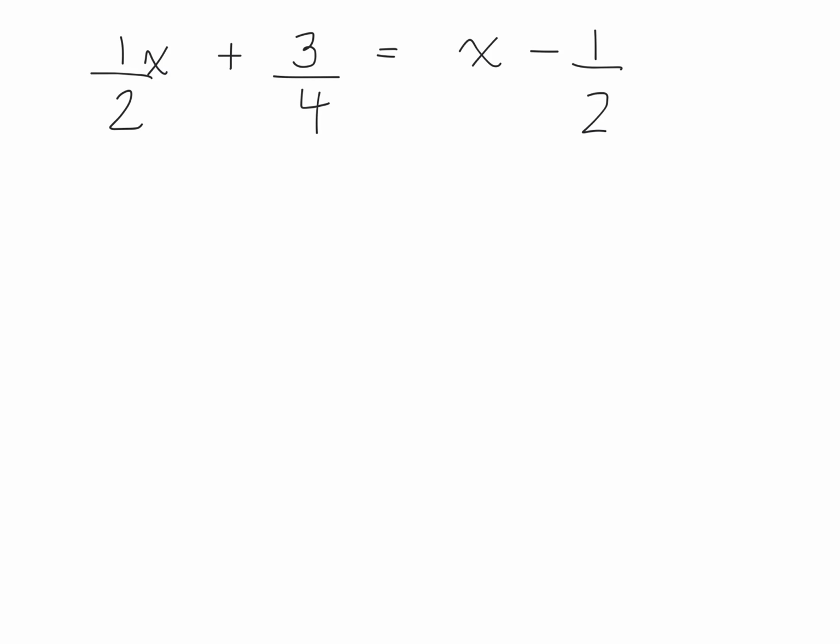So to make this a little easier for you to visualize, what number is technically in front of a variable if you don't see a number there? What number can I put there? 1. How do I write 1 as a fraction? 1 over 1, right? So do that, and it might help you more to see how to solve this one.